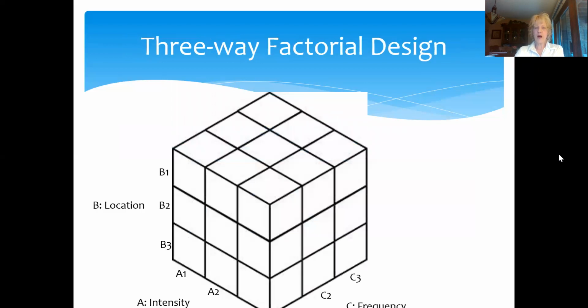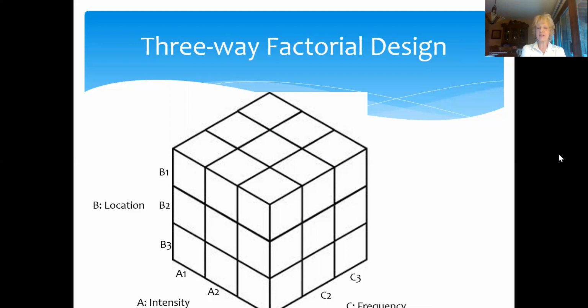There's also a 3-way factorial design where it gets just a little more complicated, and it might be location, intensity, and frequency. So it might be you do a variety of locations, doing it at the clinic, at the school, and at the rec center.